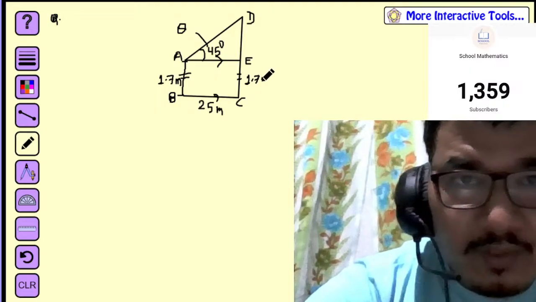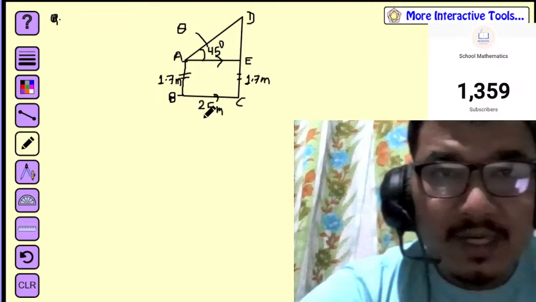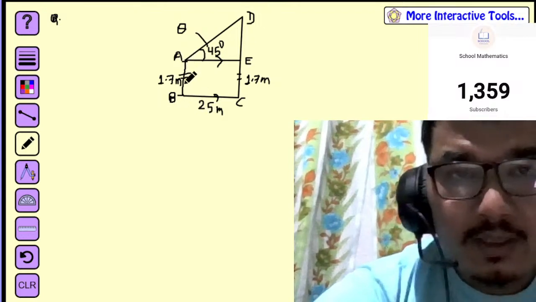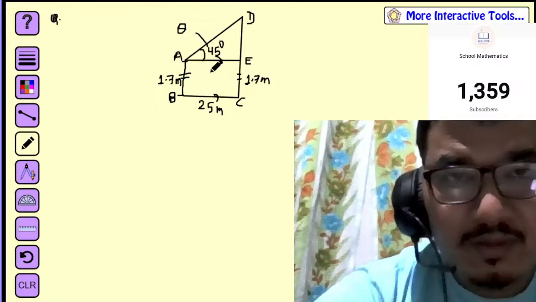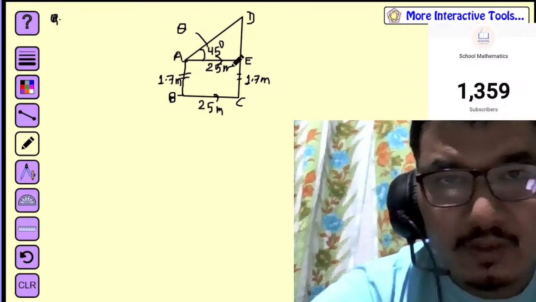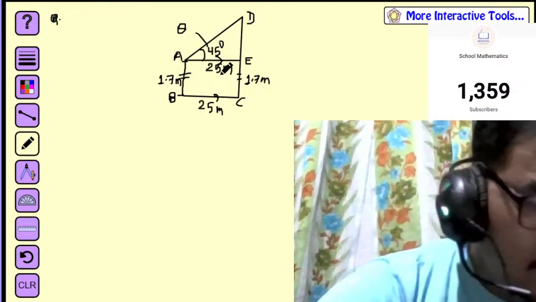And this distance between the man and the tower is 25 meter, and of course this A to E is also 25 meter, because opposite sides are equal.